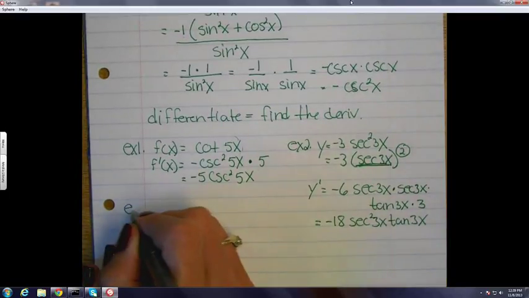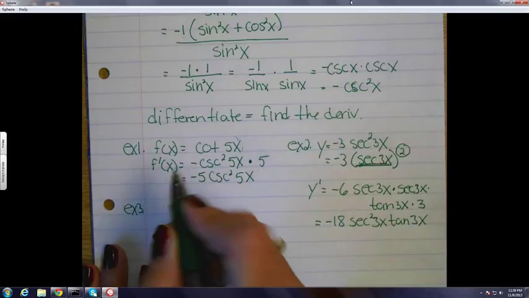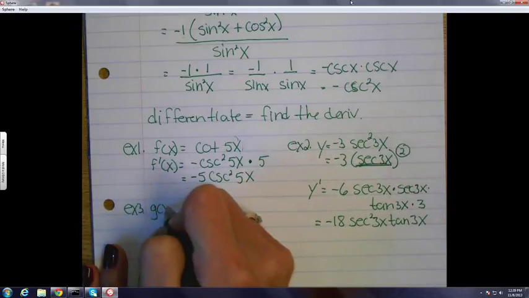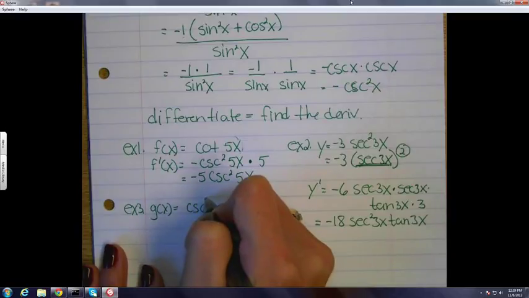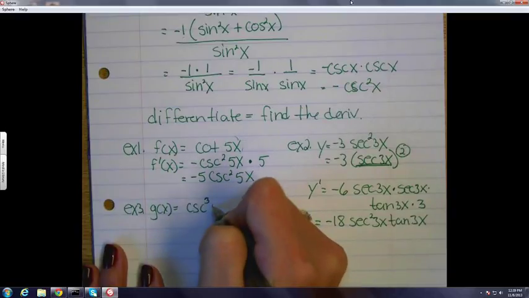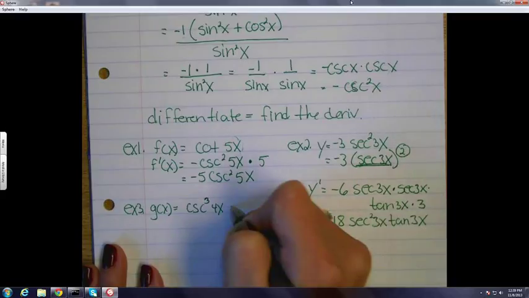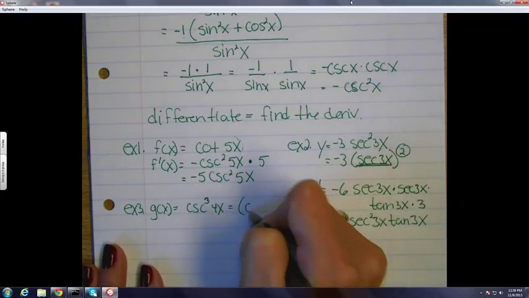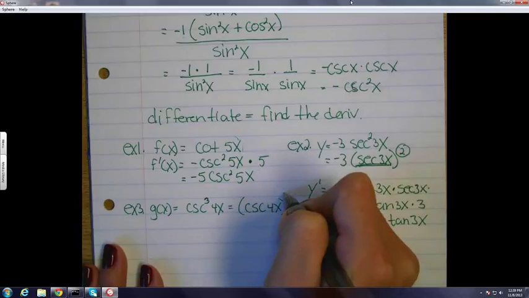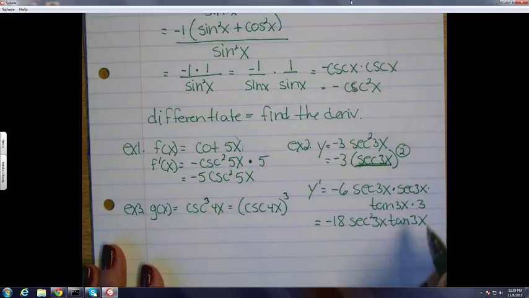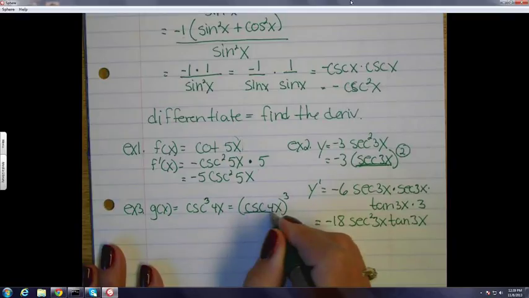Number 3, g of x equals cosecant cubed 4x. Again, I just like the parentheses. Now I can see chain rule. Inside, outside.